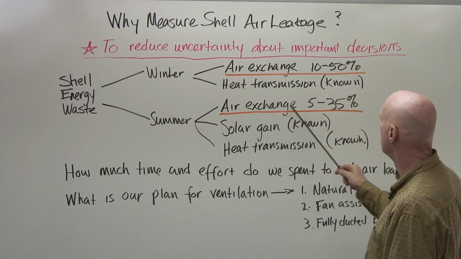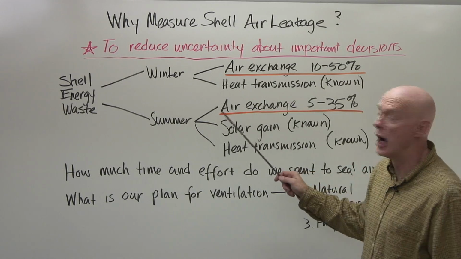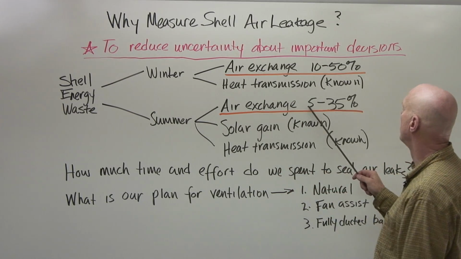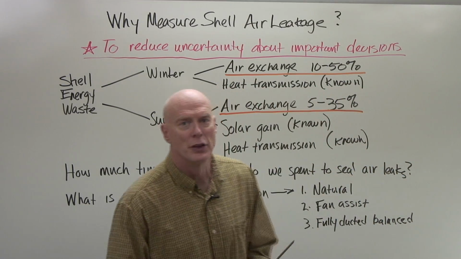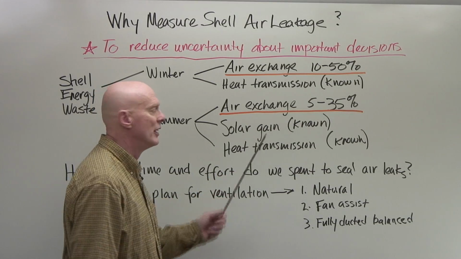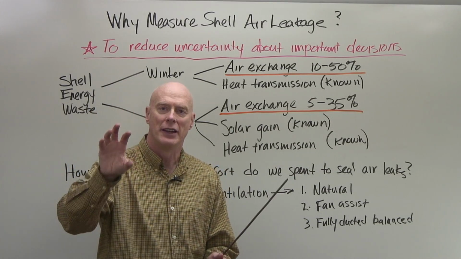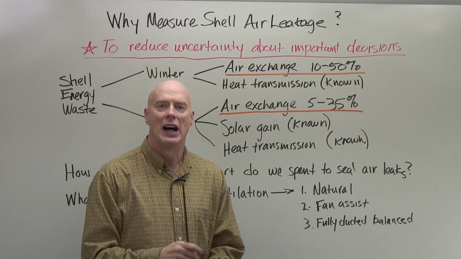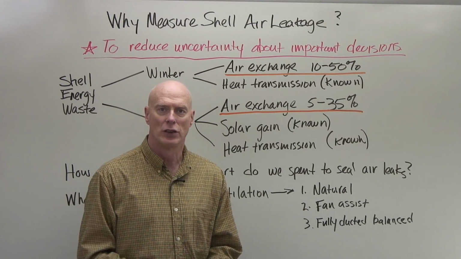Now in the summertime, air exchange is going to be a little less because solar gain is so dominant. And so we've got 5 to 35%. But again, is it 5%? Is it 35%? We don't know. With solar gain, we don't have to take a solar meter and go out to the house and measure each side of the house to see how much solar energy is falling on the roof and on each of the walls.